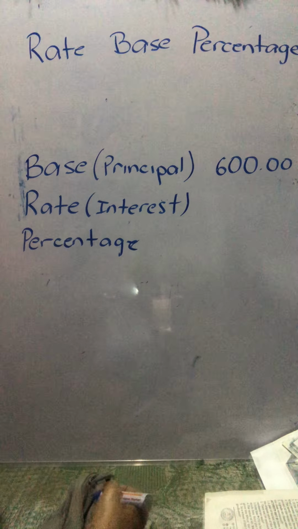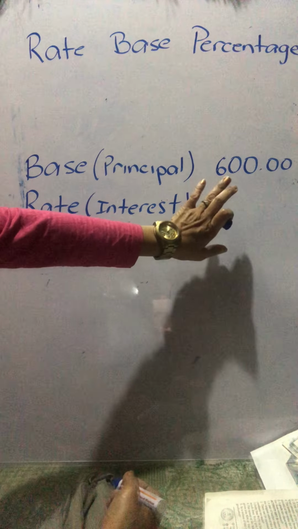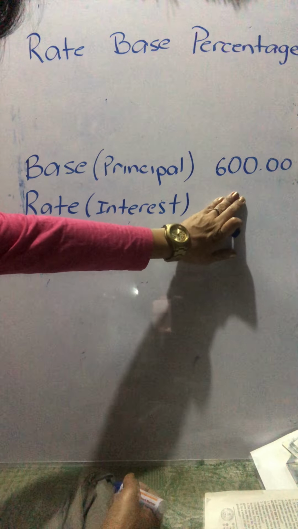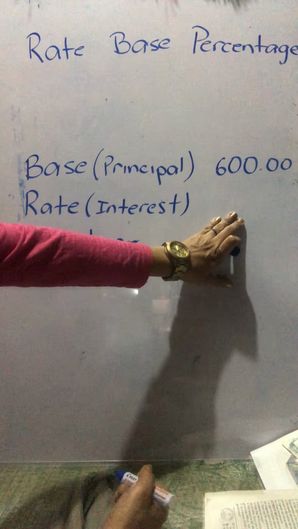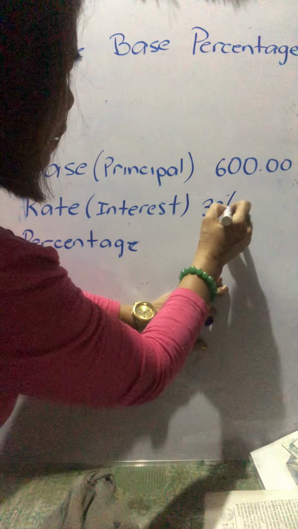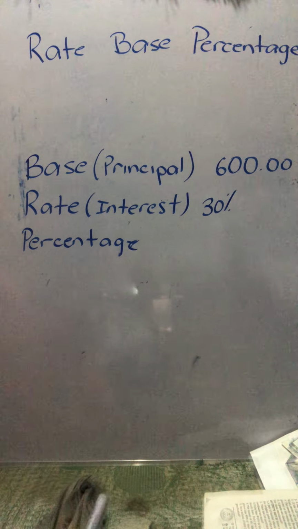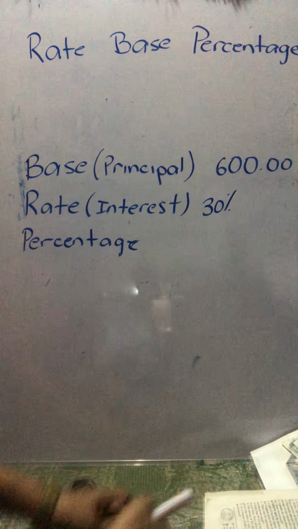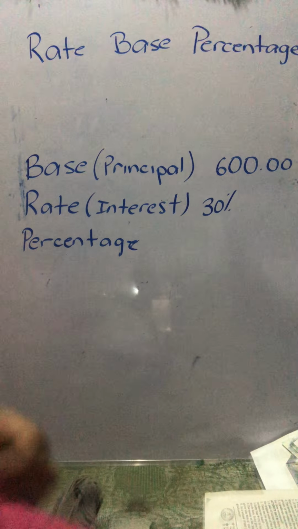A pair of leather shoes was on sale at 600 pesos and was given a discount of 30%. Okay. So, 30% discount. Kasi pag discount, we have to deduct. But if it is interest, we have to add.